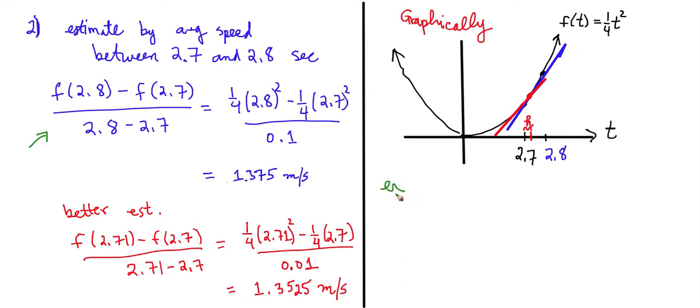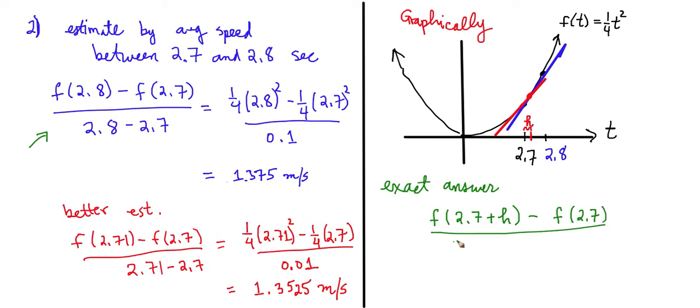Okay, so let's lower it down. Let's get some values here. So the exact answer, we're going to take f of 2.7 plus h minus f of 2.7, all over 2.7 plus h minus 2.7.